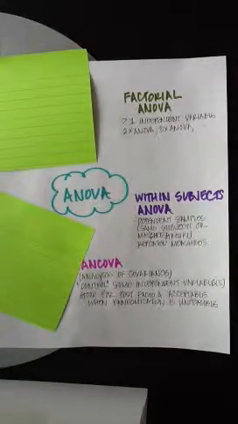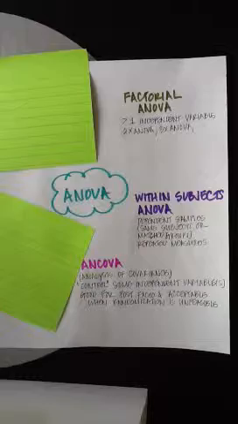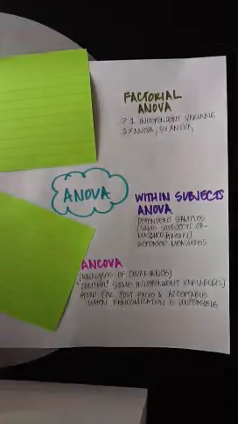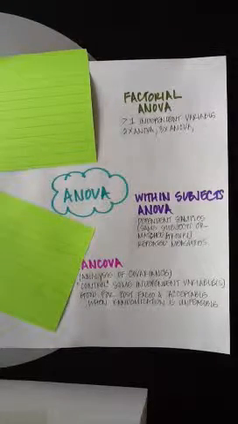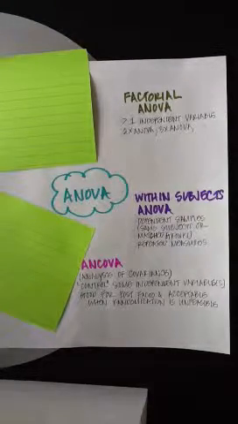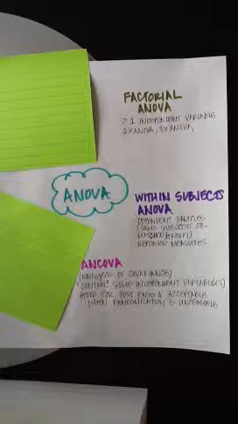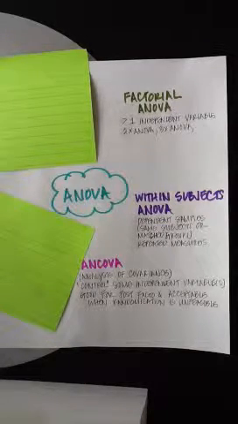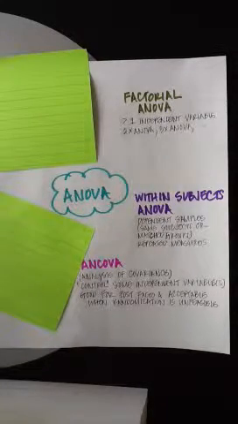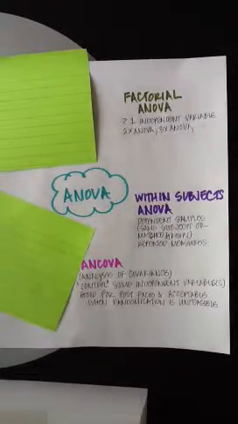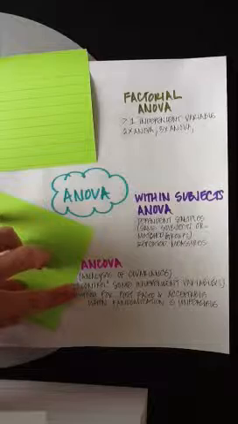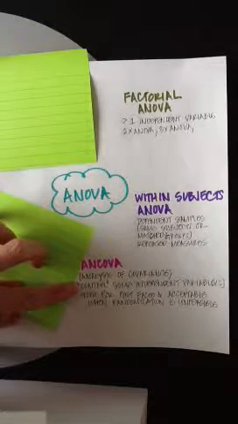ANCOVA is good when either you're doing a post facto analysis, where obviously you couldn't offer randomization, or when randomization is unfeasible for whatever reason, okay? So in this sort of situation, if you don't have a randomized sample for your groupings, then you might have to control for some independent variable or variables.